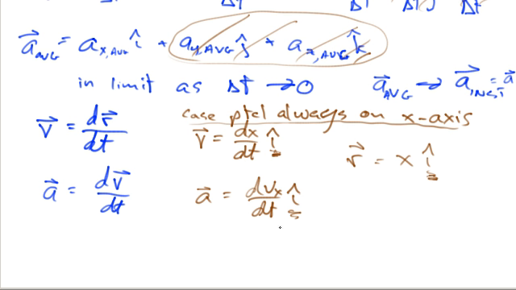Everything is always going to have an i multiplied, and if we factor out the i, then we can talk about just the components without it. So we can talk about the x, the vx, and the a sub x.